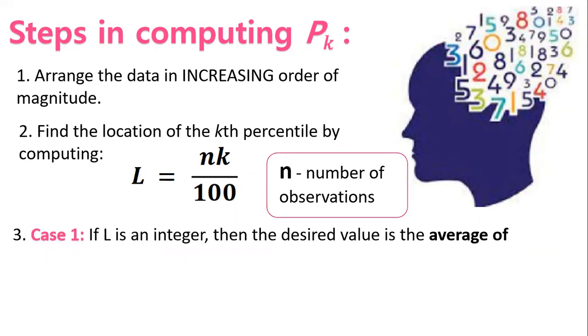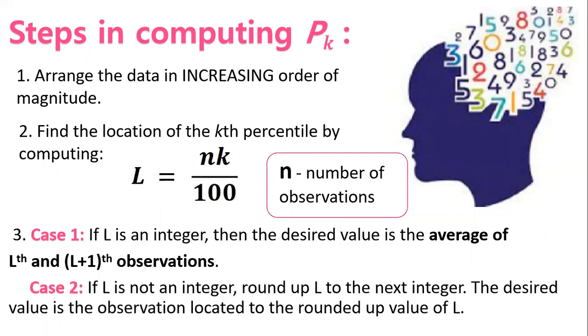The first case is L is an integer. So when L is an integer, then the desired value is the average of the L and L plus 1 observations. And the second case, if L is not an integer, you round up L to the next higher integer. The desired value is the observation located at the rounded up value of L.